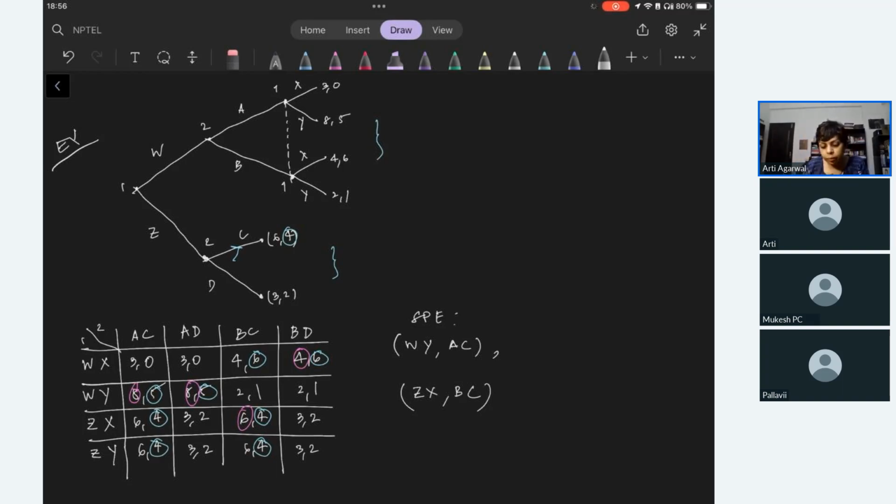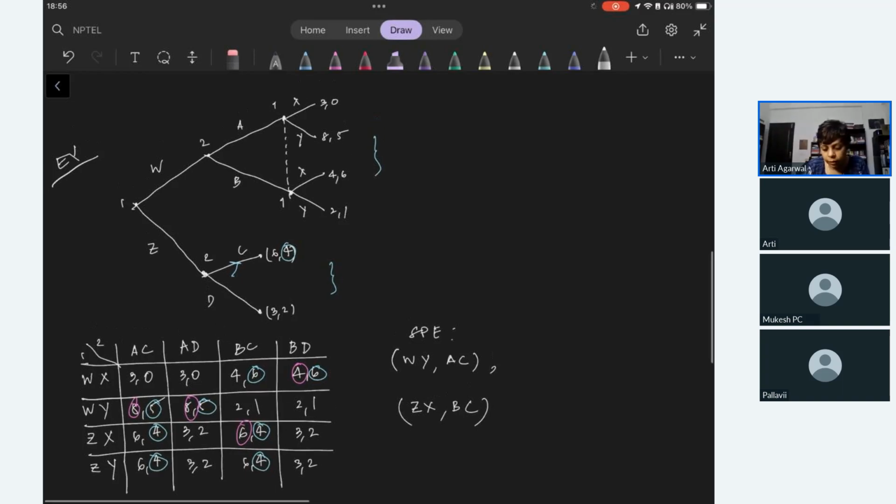In this game you have uncertainty because of this decision node. Player 1 doesn't know which node he or she is on, so there is a lot of uncertainty.